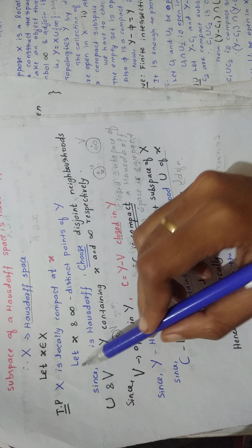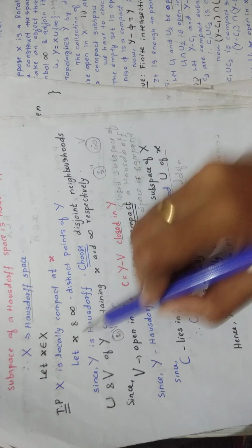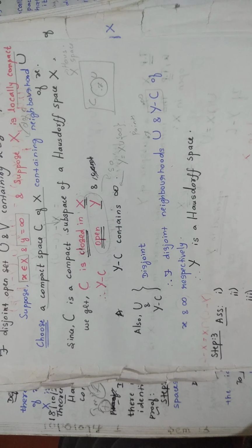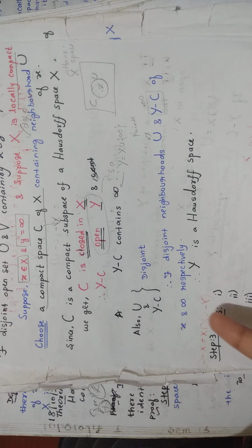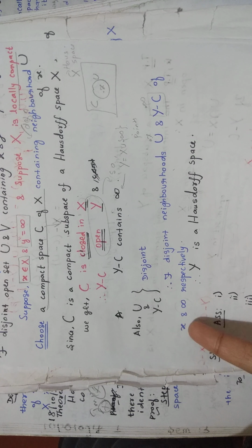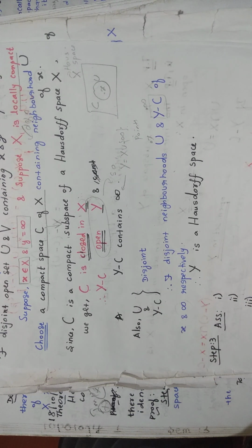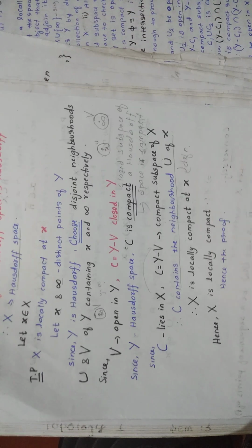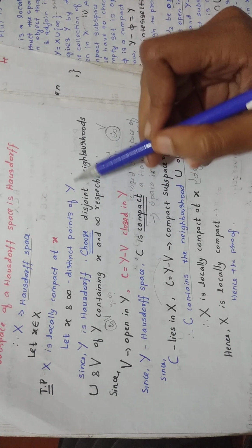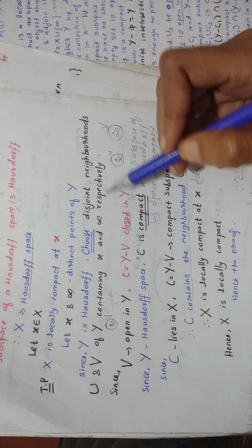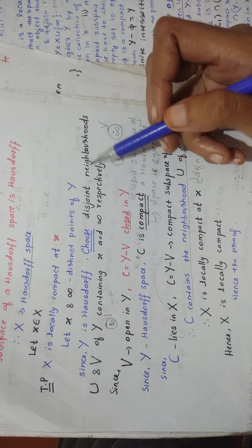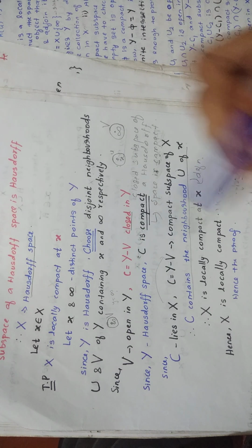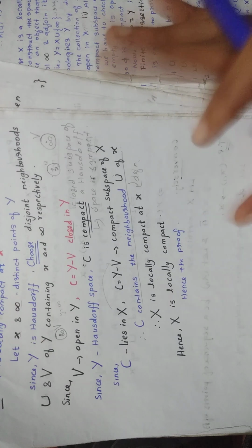Let's see how. You are taking two distinct points of Y, x and infinity. These are the two points you took from Y, right? And you said for these two points you have disjoint neighborhoods. So x and infinity are distinct points of Y. Since Y is Hausdorff, you know that there will be disjoint neighborhoods U and V. U is the neighborhood of x, V is the neighborhood of infinity.